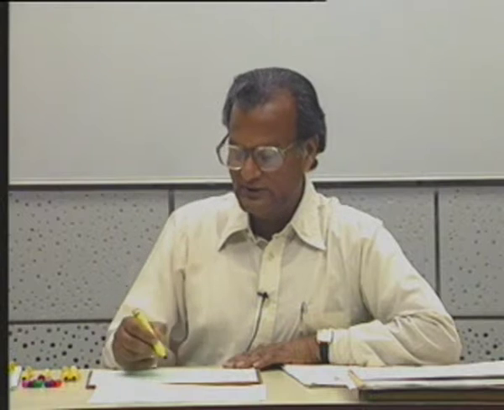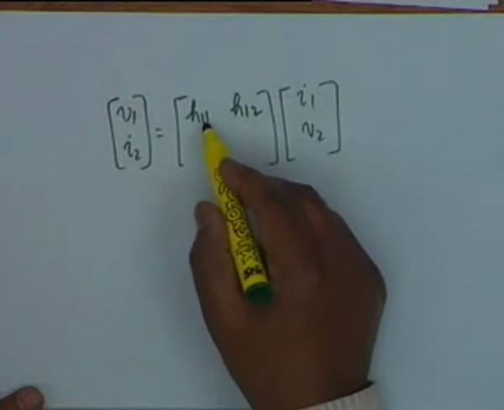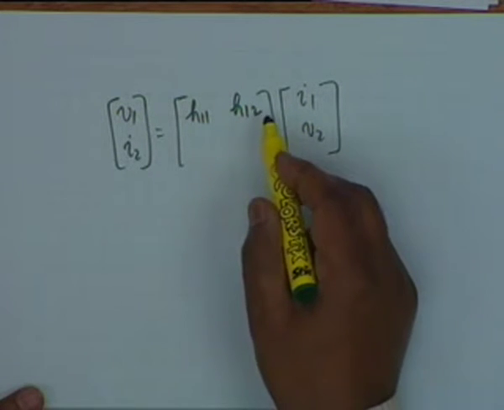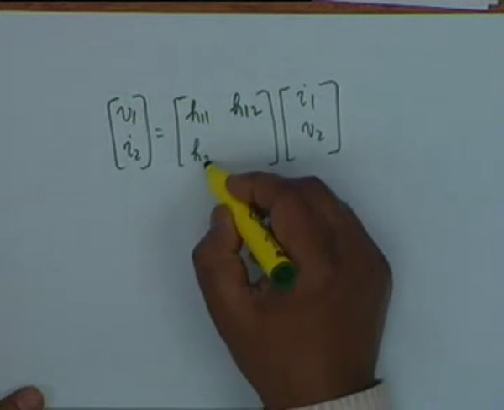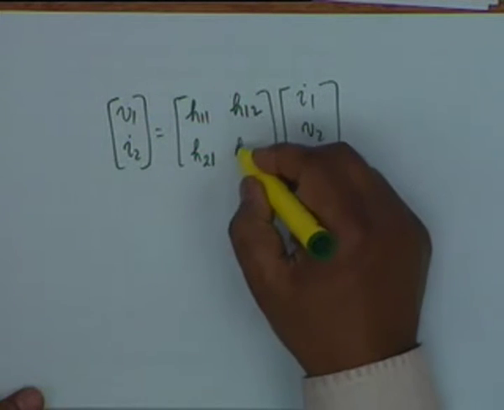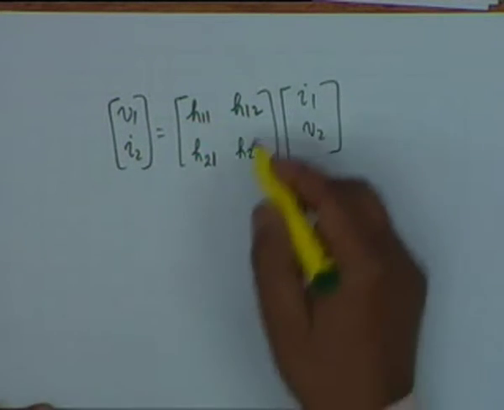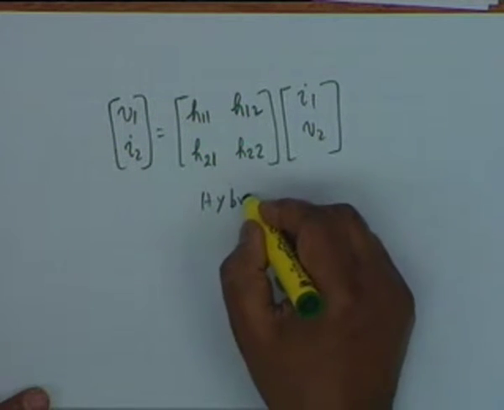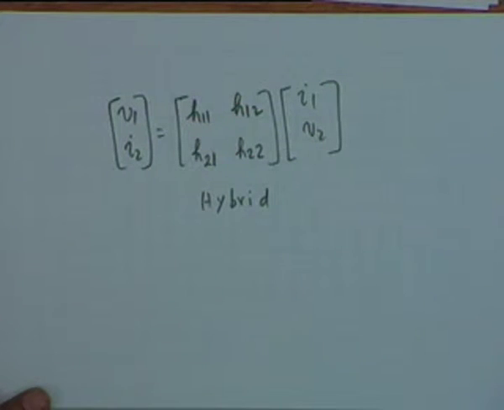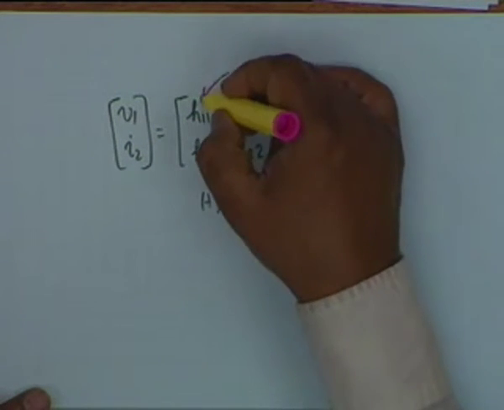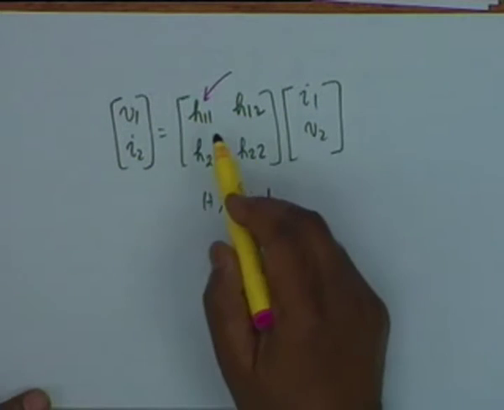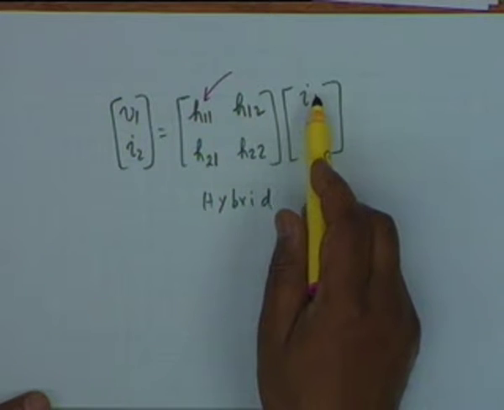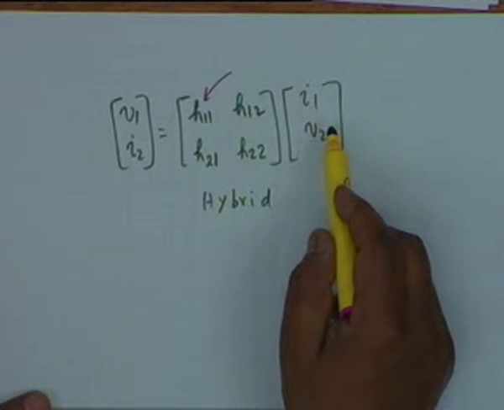That means we call them H11, H12: first row first column is H11, first row second column H12, second row first column H21 and H22, and these are called hybrid parameters. You can see very clearly that H11, for example, how would you define H11? H11 is V1 divided by I1 with V2 equal to 0.